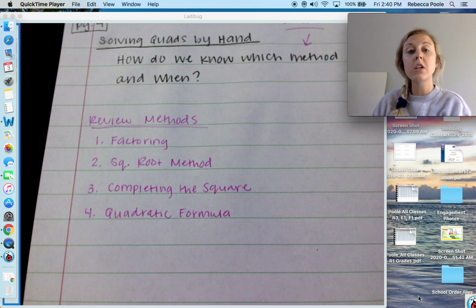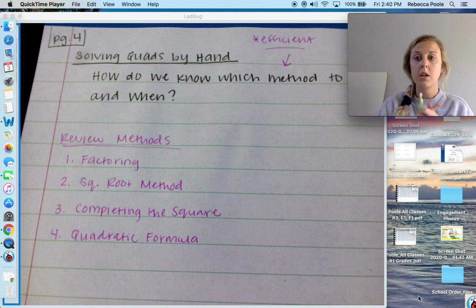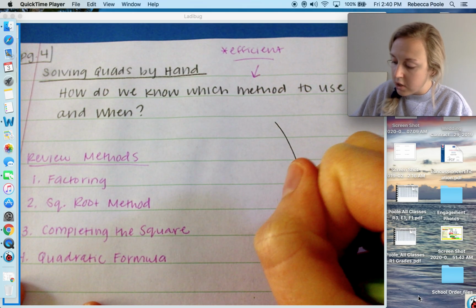So the first thing you should always check when you're solving a quadratic, and I told you guys this as I taught it to you, is does it factor, okay? You guys are very good at factoring by now. You did it in Math 1. You did it for like 3 weeks with me, all right? So we always want to check factoring first.